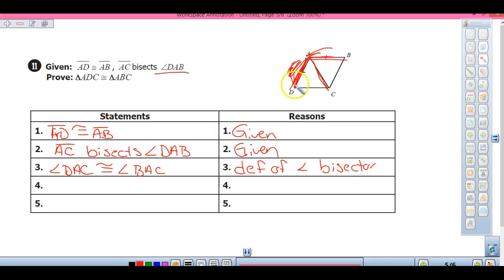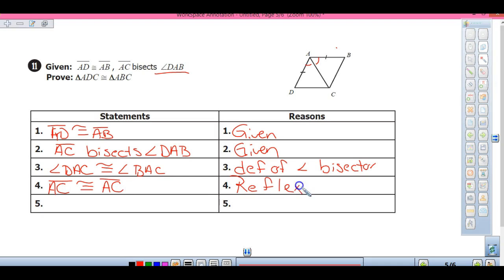Okay, so now I have, we just said that that's congruent to that. What else can I say? Look at your picture. AC is congruent to AC. Always, always, always look for that shared side.